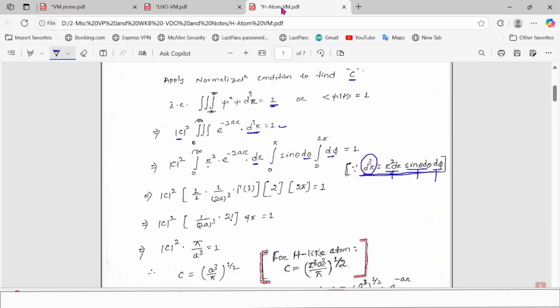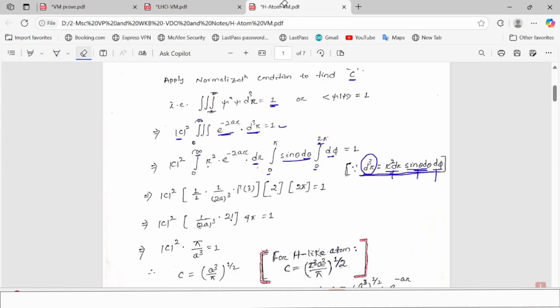Here it has been written separately: r squared e to the power minus 2Ar dr, then sin theta d theta, integrated from 0 to pi. For r the limit will be 0 to infinity, this is the basis of a 3-dimensional sphere, and for d phi the integration will be 0 to 2 pi.